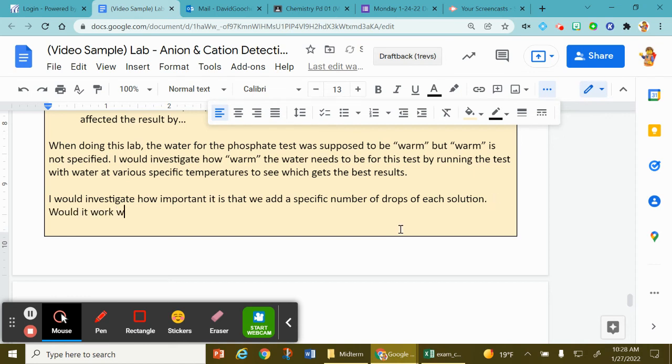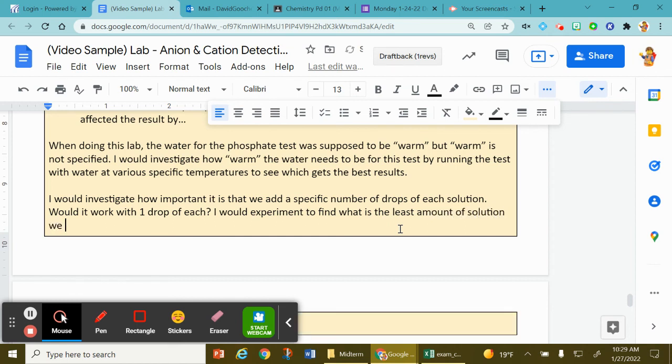Would it work with one drop of each? I would experiment to find what is the least amount of solution we could use and still have the test work.